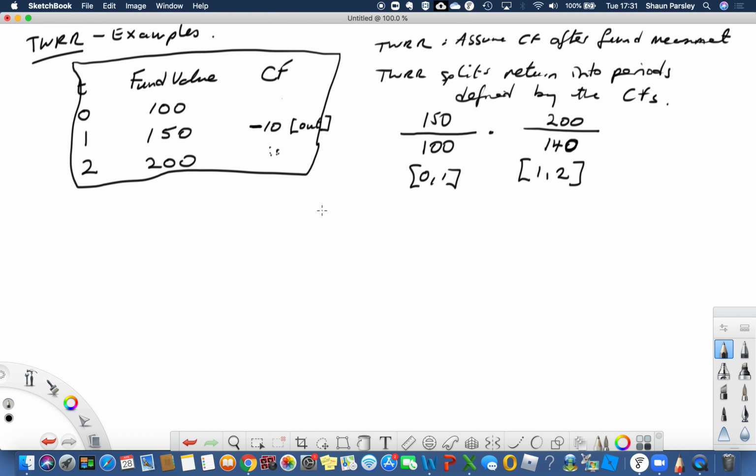If we now write this to find the time weighted rate of return, as you can see, I've put the T in there. T is now for time weighted, not a time variable, as it was in the example I used for the MWRR.